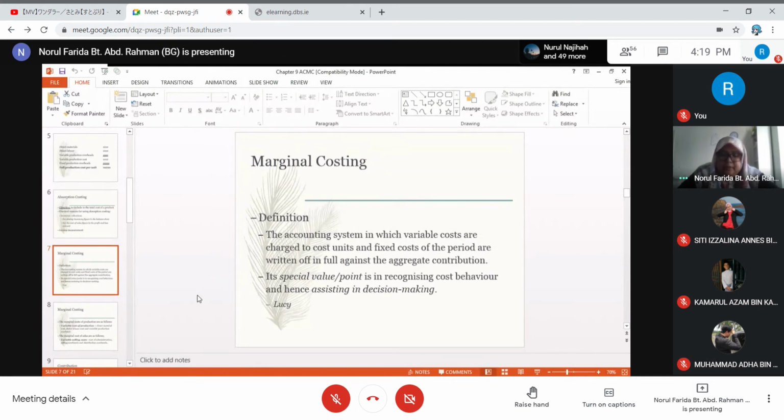Alright, thus it is an accounting system in which variable costs are charged to the cost object and fixed costs of the period are written off in full against the profit for the period. Okay, hanya variable cost sahaja di-charge kepada you punya produk and all of the fixed cost, okay, fixed production and fixed non-production cost will be treated as period cost.